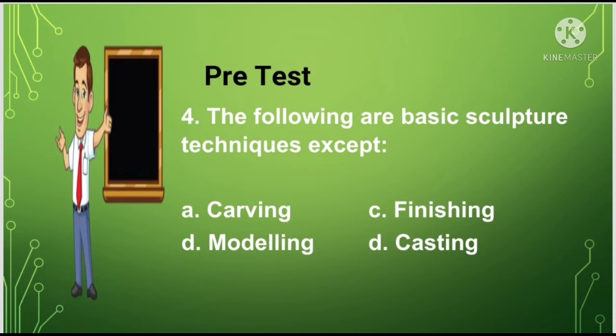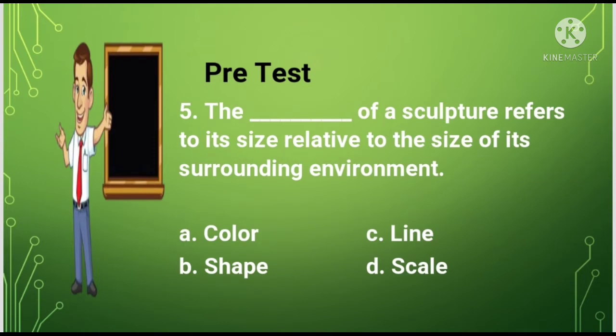B, modeling. C, finishing. D, casting. Five, the blank of a sculpture refers to its size relative to the size of its surrounding environment. A, color. B, shape. C, line. D, scale.